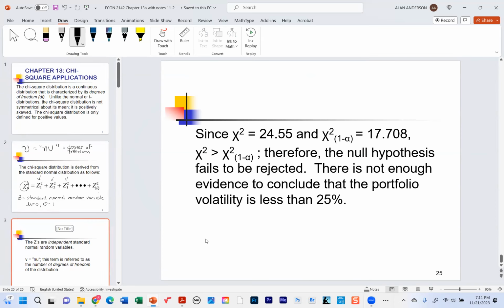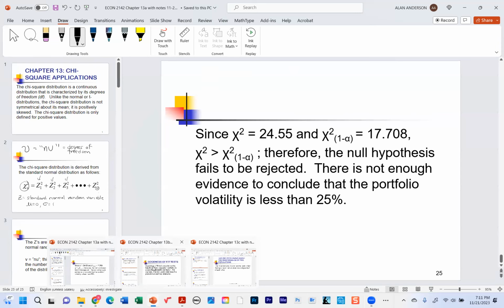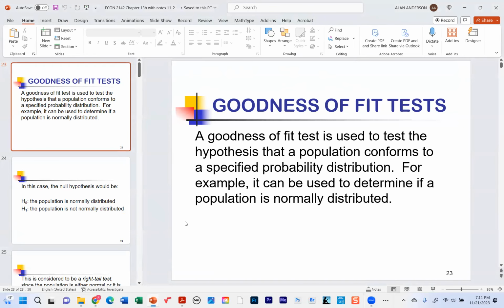All right. Now we're ready for part B. This is a very interesting topic, but it is very complicated. So we're introducing the so-called goodness of fit tests.